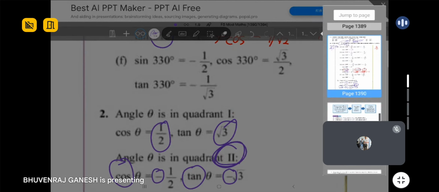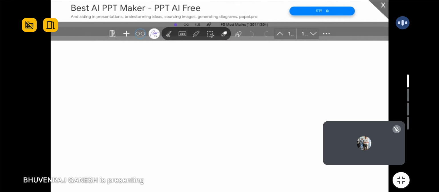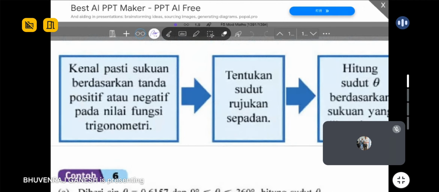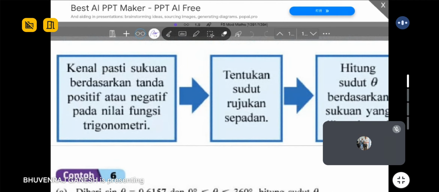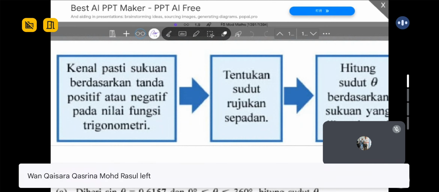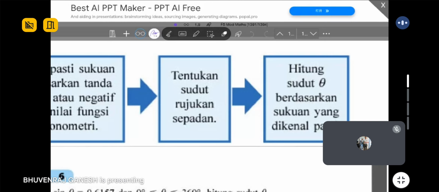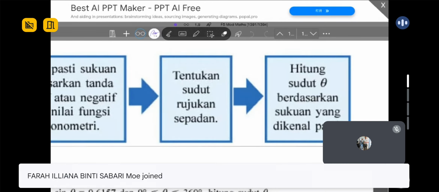Okay, so now we will come to the solving part. Proses untuk selesaikan persamaan. Okay, so there are a few steps also lah. Kamu kena tahu beberapa langkah. Okay, so first step, you must determine which quadrant, whether positive or negative, based on the question. Okay, untuk BM boleh bacalah, saya terangkan dalam English. Okay, so second step, you refer to the reference angle.